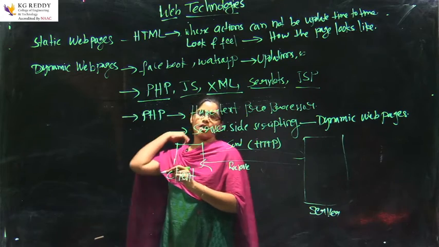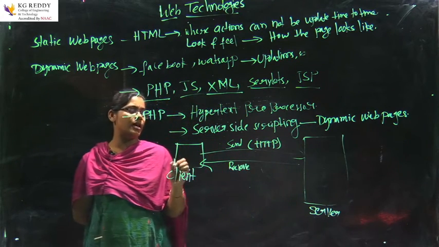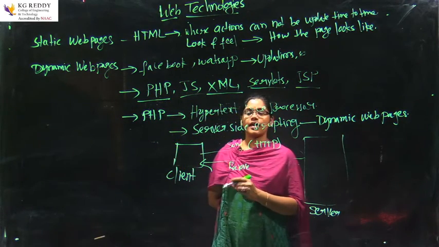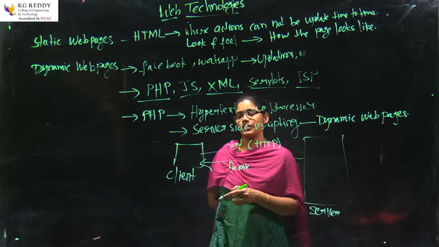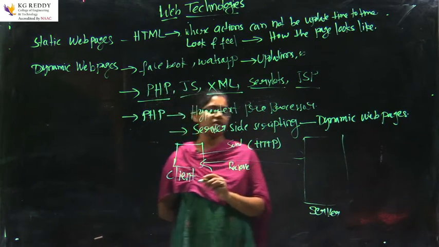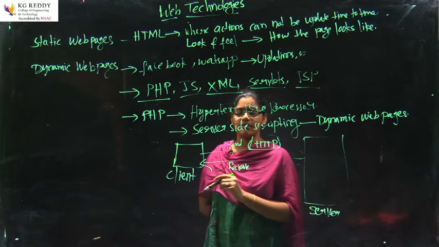This is generally how web technology works. In web technologies, the computers communicate through the network. Here there is a client computer and a server, and there must be an internet connection. By using the HTTP transfer protocol, we can send and receive the information.